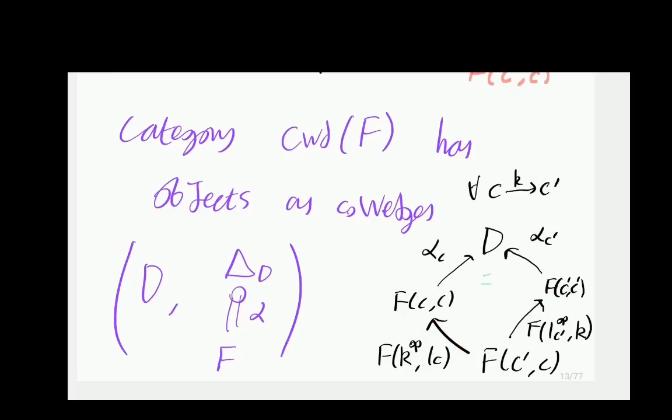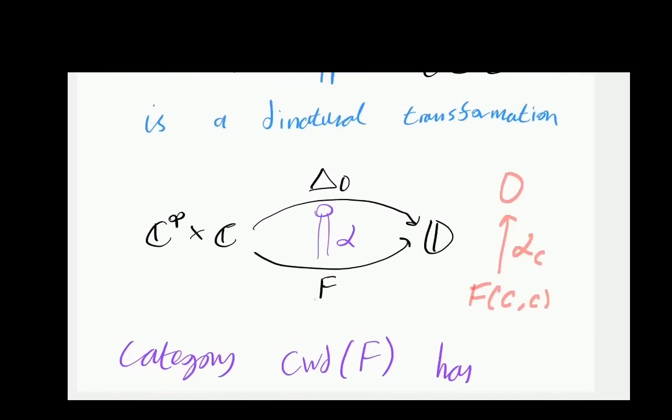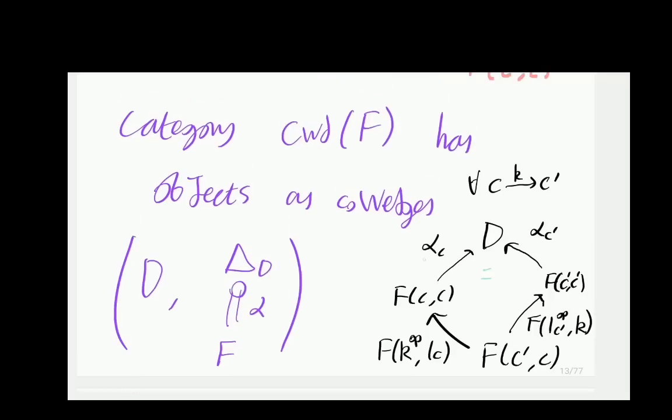This is just unpacking what it means to have a dinatural transformation from F to delta D. So this is what this means. And yes, we do have a category of co-wedges. The objects are co-wedges, and I'm sure you can guess what the arrows are.